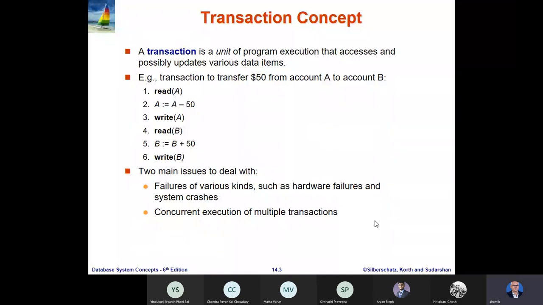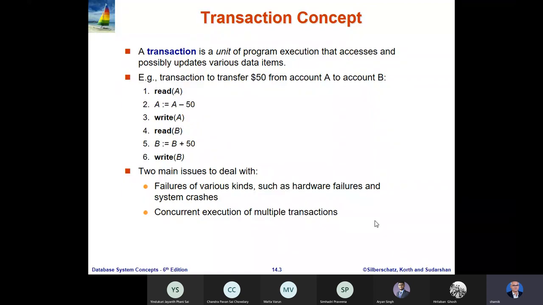Suppose in a database application, we want to transfer some amount of money, say $50, from account A to account B. There must be some initial balance in account A, presumably more than $50 unless there is an overdraft. So let us assume that in account A the balance is more than 50, account B has some balance, and we are transferring $50 from A to B.